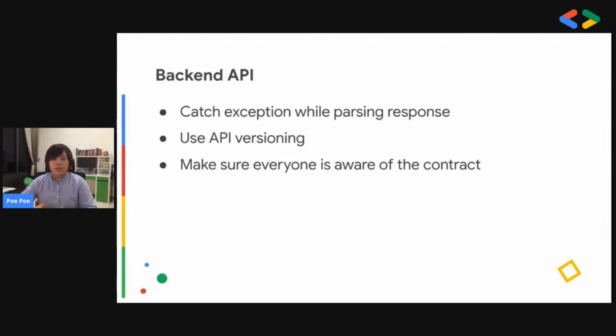So you need to think clearly, and be future-proof, knowing that this could happen. So make the contract, and everyone should respect the contract. Do not change the response or anything without consulting or without bumping the version.